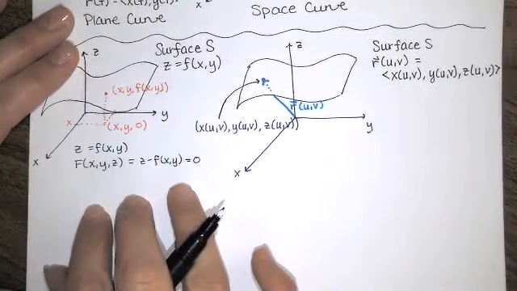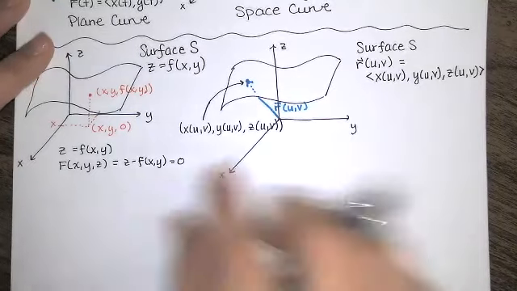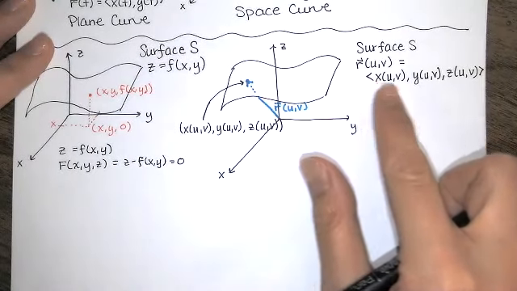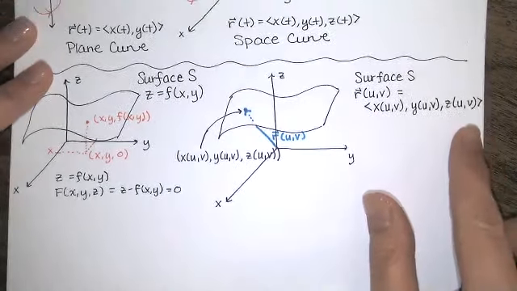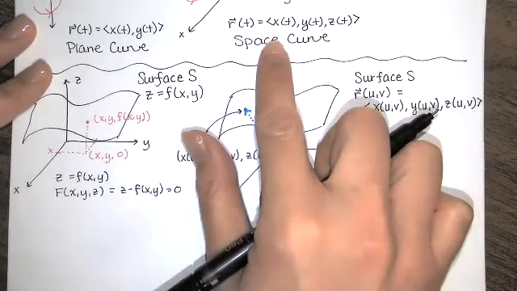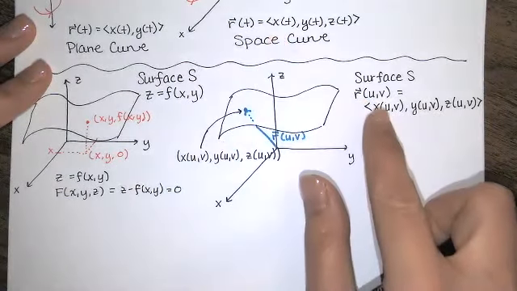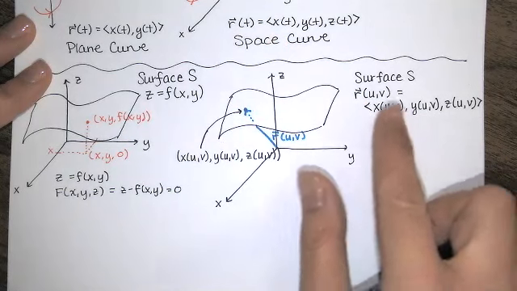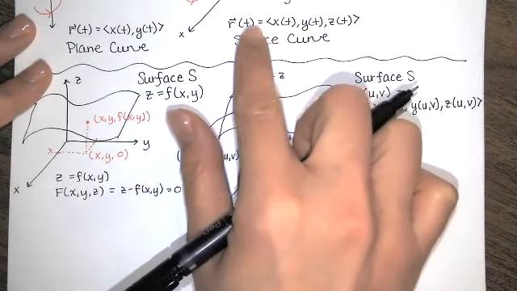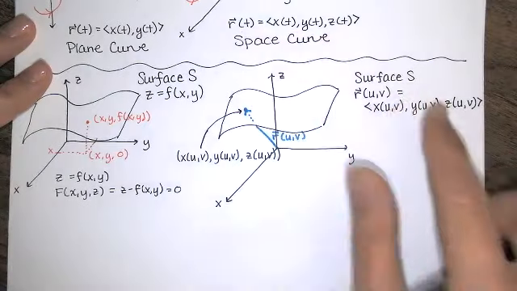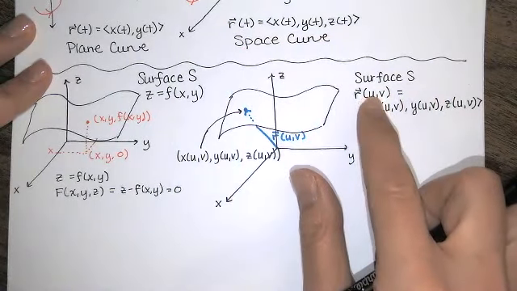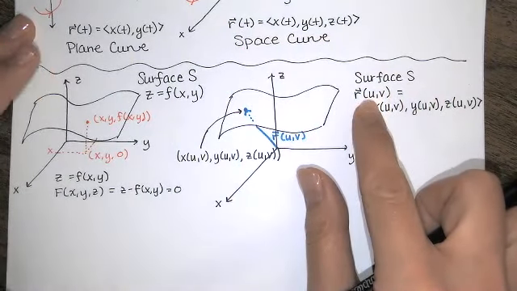In this section, we're talking about representing surfaces in another way. With parametrically defined surfaces, we've got something that looks like this. Notice the similarity between this form and this form. It's a vector valued function, except instead of accepting a single real number as an input, the input values are ordered pairs in the UV plane.